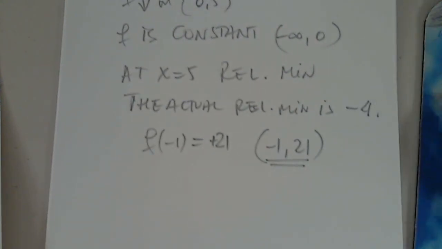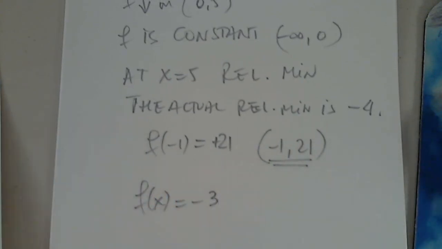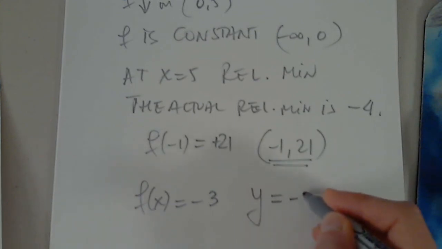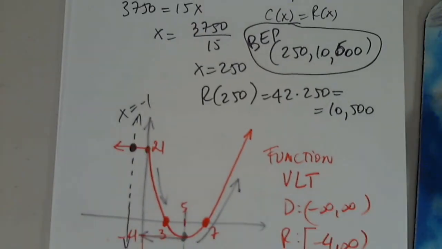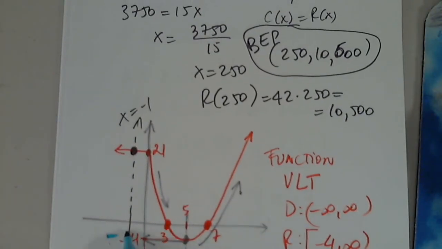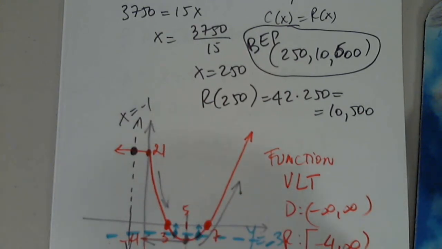The values of x for which f of x equals negative 3. Now I have to draw a line that is y equals negative 3 through the graph of this function. Y equals negative 3 crosses the graph at this point and at this point, and I need to read the x values now.